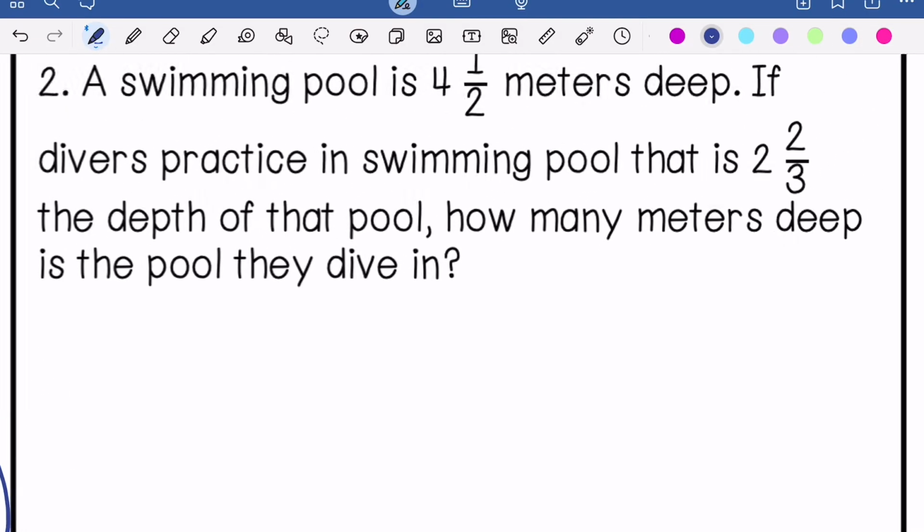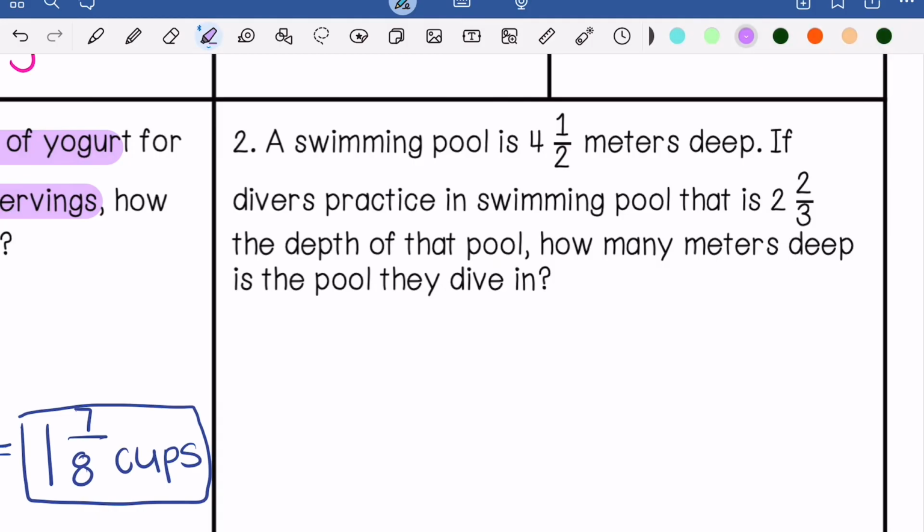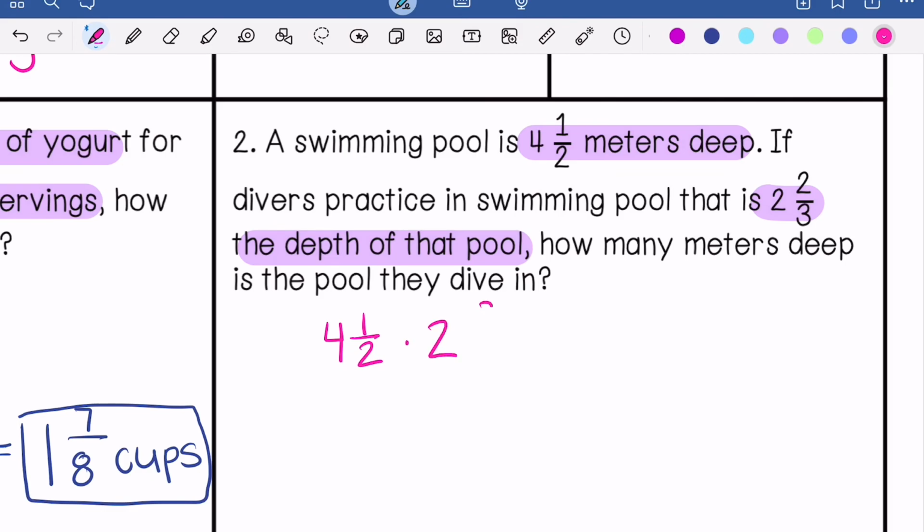A swimming pool is 4.5 meters deep. If the divers practice in a swimming pool that is 2 2/3 the depth of that pool, how many meters deep is the pool they dive in? So we have 4.5 times 2 2/3. I'm going to convert these both to improper fractions.